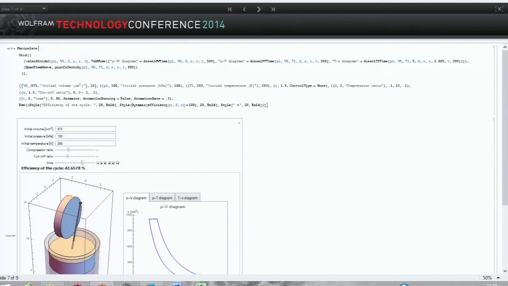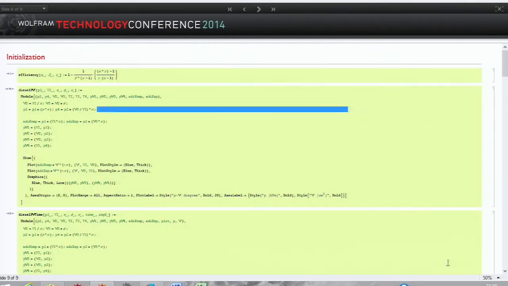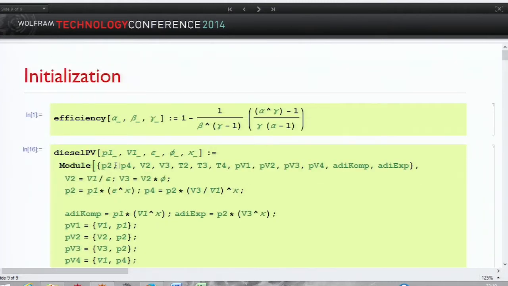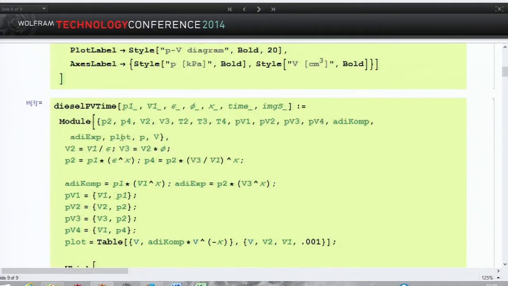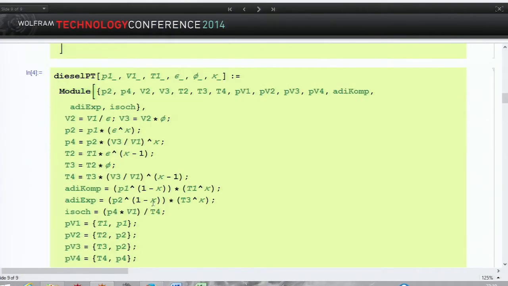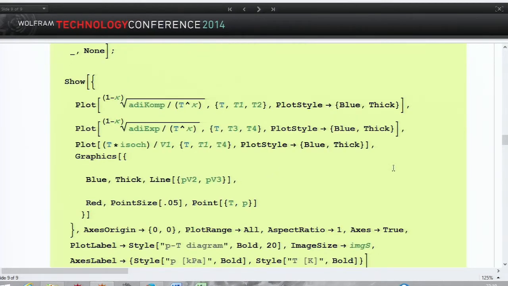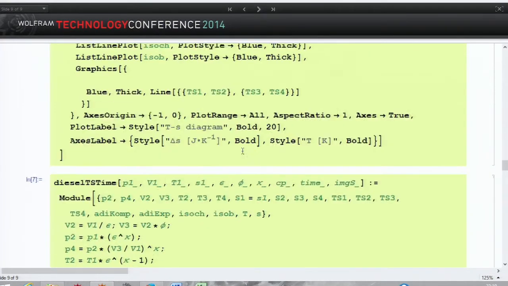Yes? Is that 5 or 6 lines of code, is that all that's driving the... No. It may seem that way, but it's mainly constructed of separate functions for each phase. For each phase, there is this PV diagram moving in time, PT diagram in time, and I can go on and on.